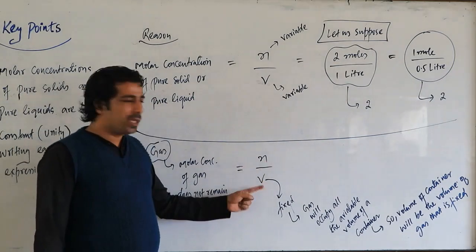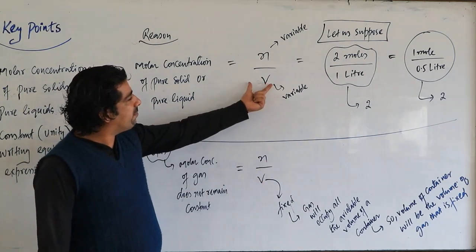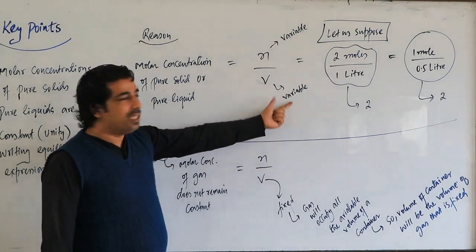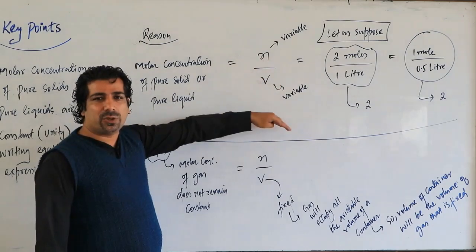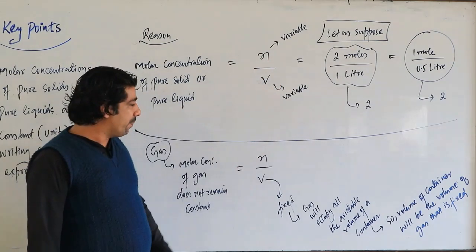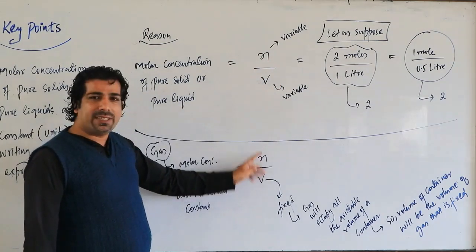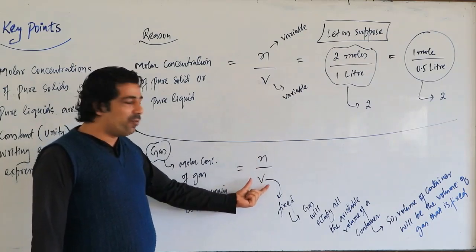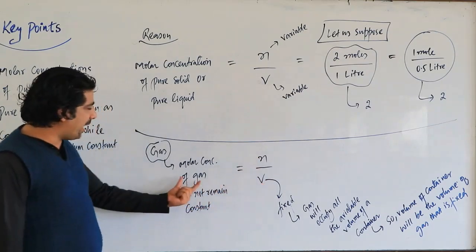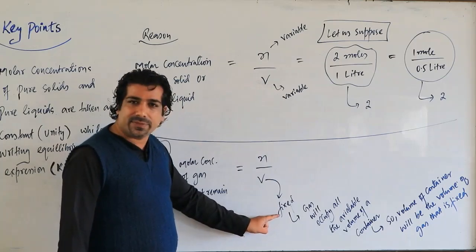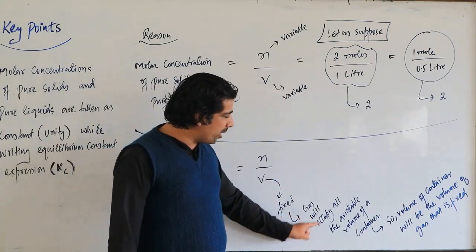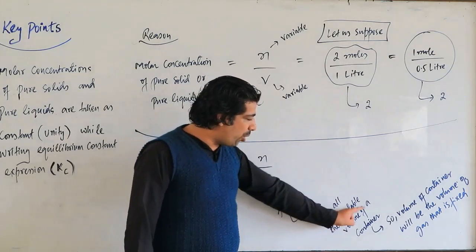So my dear friends, when we take the molar concentration of a gas, it's also equal to N upon V. But in the earlier case, V was variable, it was changing. Concentration of solid or liquid was decreasing, volume was also decreasing. Here, when the number of moles of gas decreases, the volume will not change, because volume of gas is fixed. That means gas will occupy all the available volume of a container.